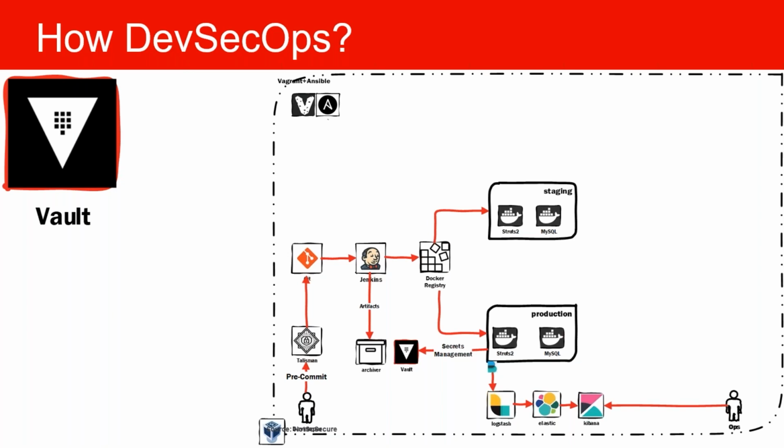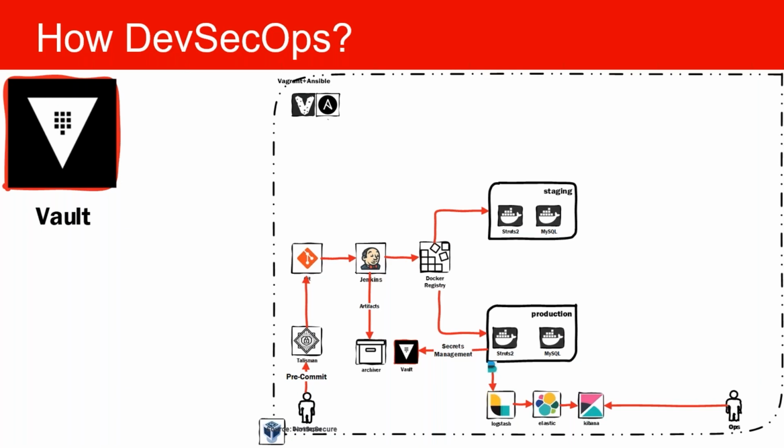What this secrets management solution does is basically tokenize your credentials and convert them into tokens. You save your credentials into your secrets management solution, and it will in turn give you a token, and that token is what you need to push into your code.